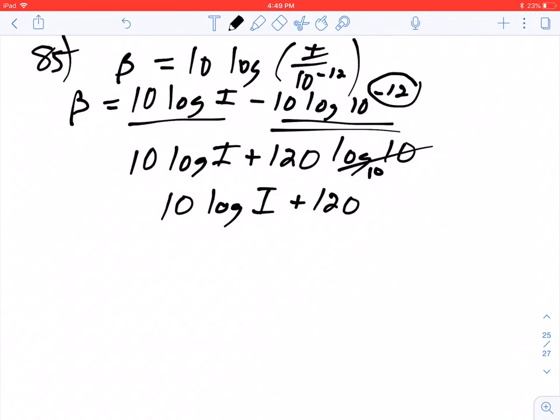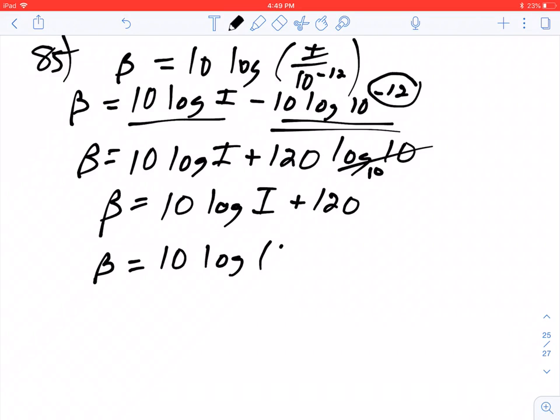Now they asked us to determine the decibels with an intensity of 10 to the negative 6 watts per square meter. So in this formula, we need to figure out the decibels, which is our beta, by substituting in 10 log, and then for I we write 10 to the negative 6th, plus 120.